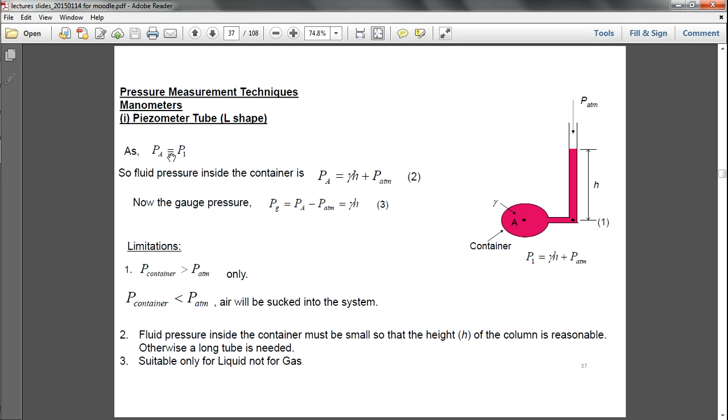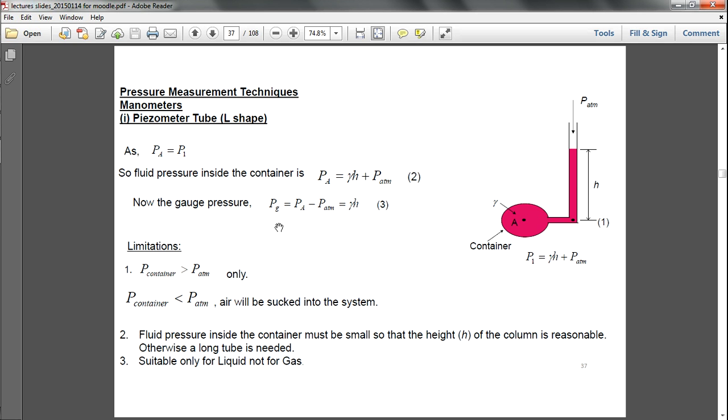PA is the pressure at this point, at a depth of h. So the pressure at this depth is atmospheric pressure plus the contribution of the fluid itself.